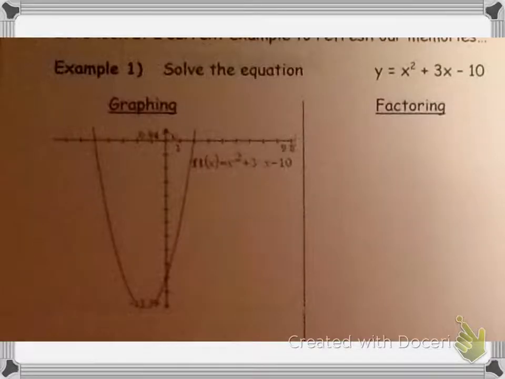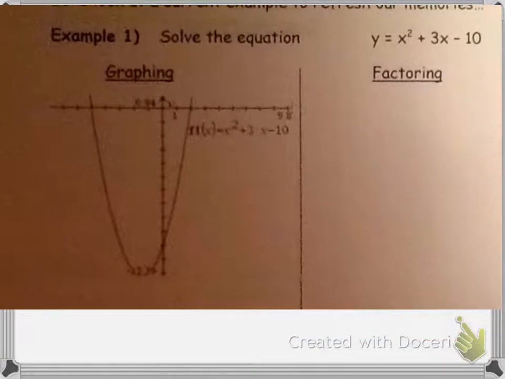So just to refresh our memories with an example, I have one of the graphs here. If we had to solve this equation, we could use the graph. Where we would find the solution on the graph is those x-intercepts.